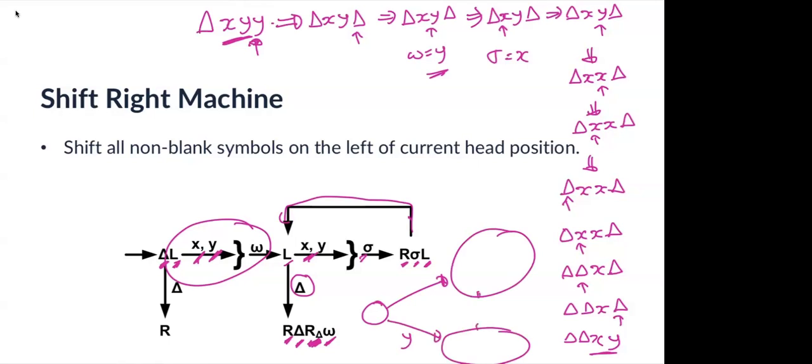Basically, these two machines are the same, but here is for the case where you read X, and here is for the case where you read Y. But when you need to write omega, here you will write X, but here you will write a Y. Okay, so it will be difficult if you write or draw a Turing machine. So it's easier if you draw a building block instead.